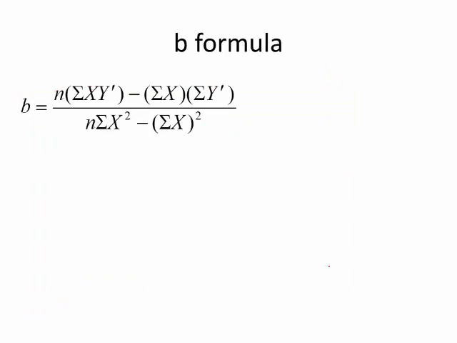So putting these values in b and simplifying it, we can easily get the value of b. The n is 6 and sum of x into y dash is 15.225 minus sum of x is 39 and sum of y dash was 1.58.